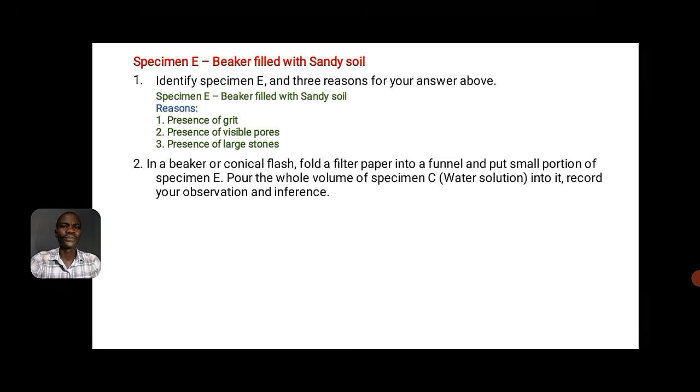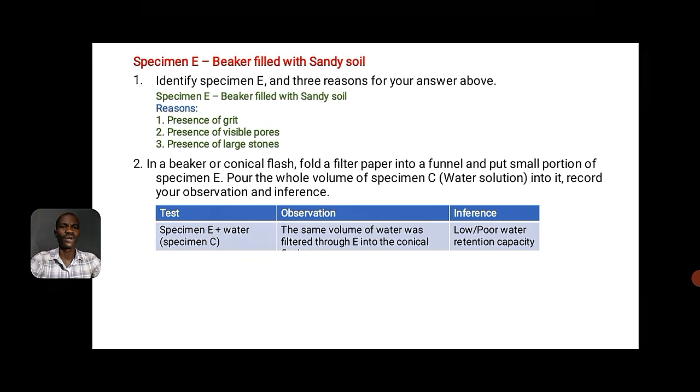Number two, second question: in a beaker or conical flask, fold a filter paper into a funnel and put a small portion of specimen E. Pour the whole volume of specimen C, which is the water solution, into it. Record the observation and inference. Just like what we have been doing before, you have your test, observation, and inference.